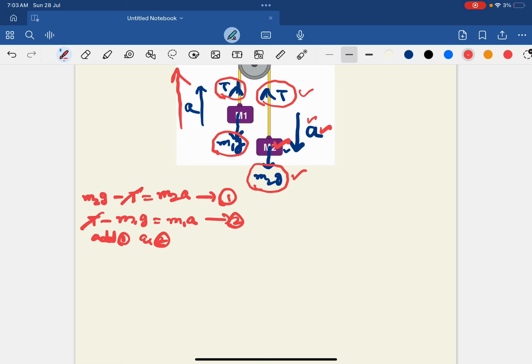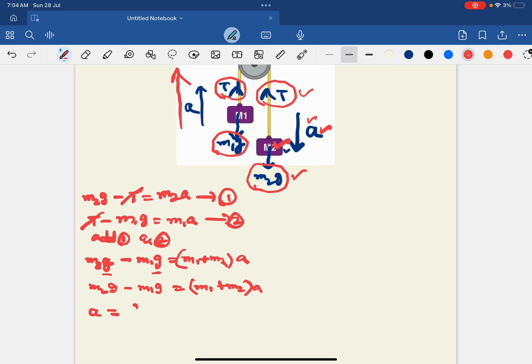Therefore minus T and plus T get cancelled. The rest of the equation is m2g minus m1g is equal to m1 plus m2 into a. On the left side, g is the common term, so we can take it outside: m2 minus m1 into g is equal to m1 plus m2 into a.